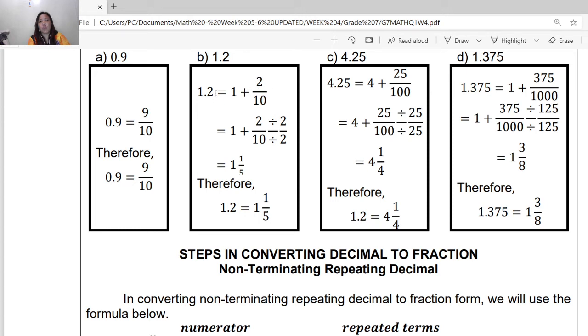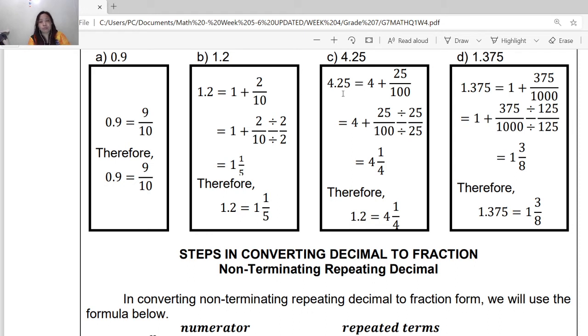Since you move 1, you will add 1 zero here. But this one can still be reduced by 2, dividing both numerator and denominator by 2, and that will become 1/5. So we have the whole number 1, and this side here is 1/5.